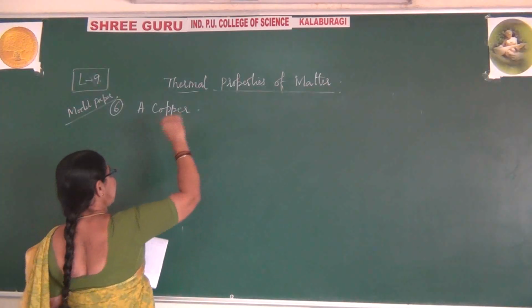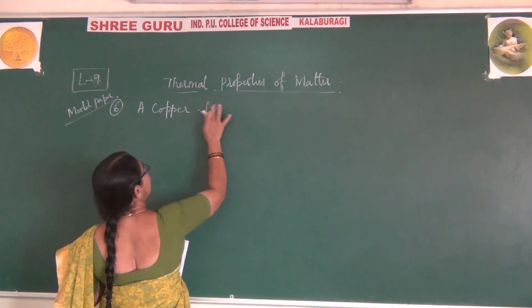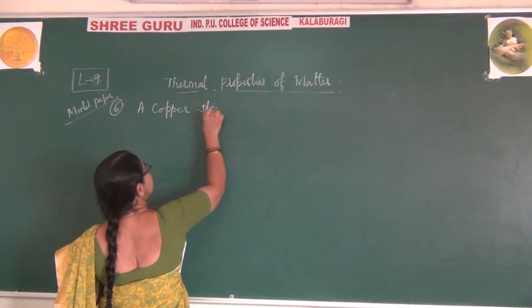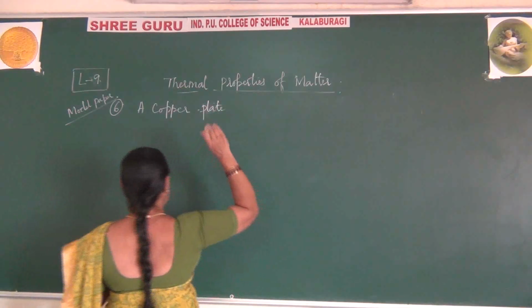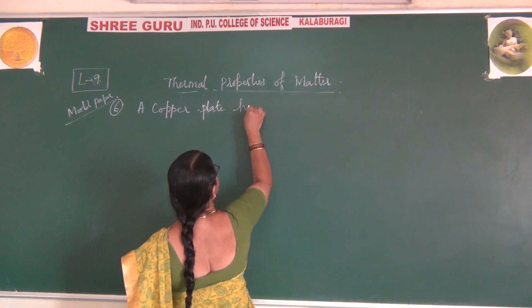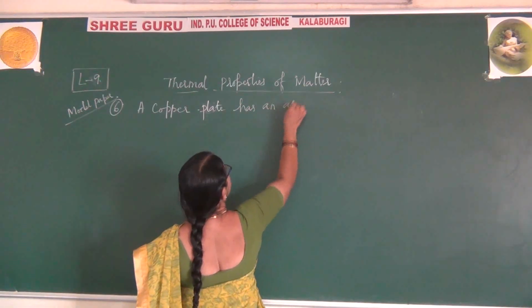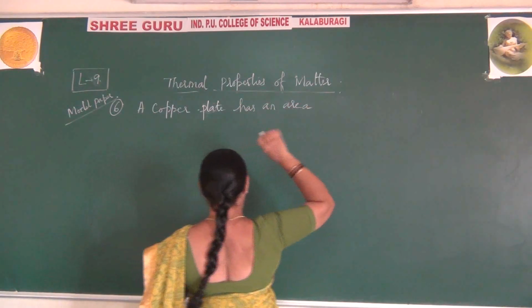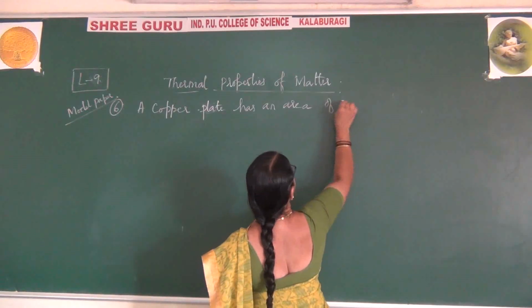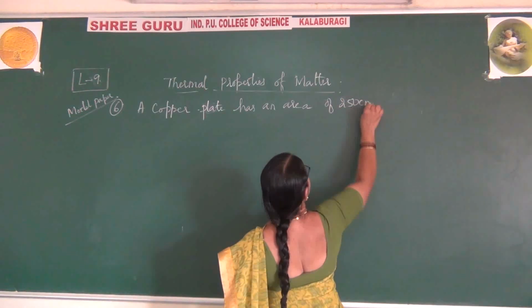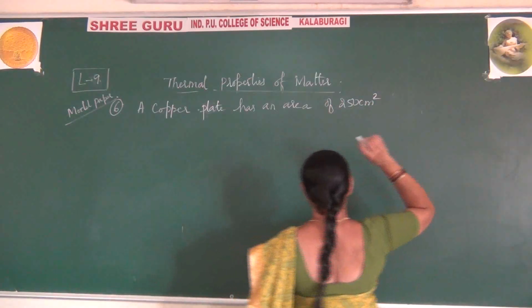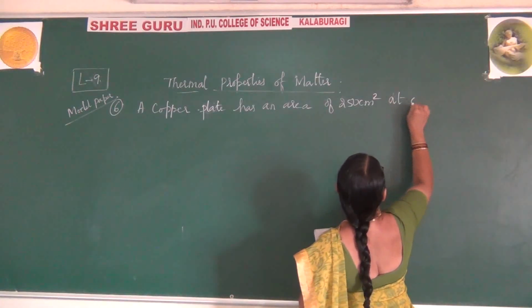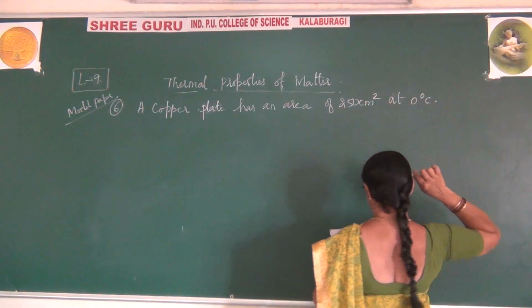A copper plate has an area of 250 centimeters square at 0 degree centigrade.